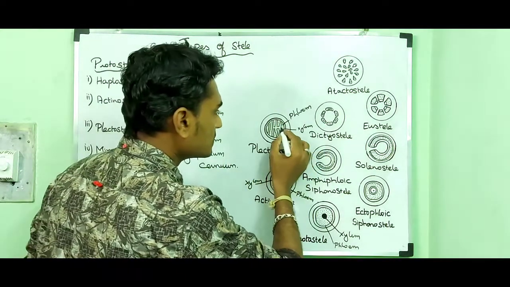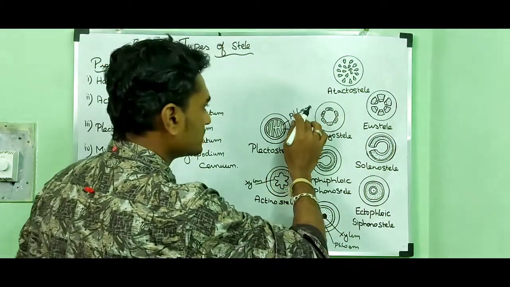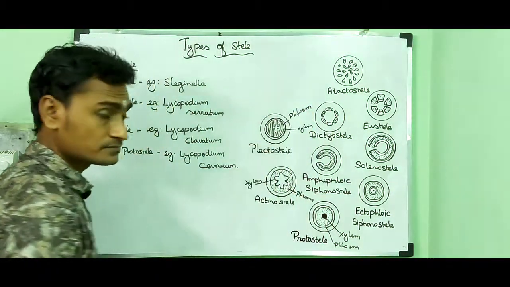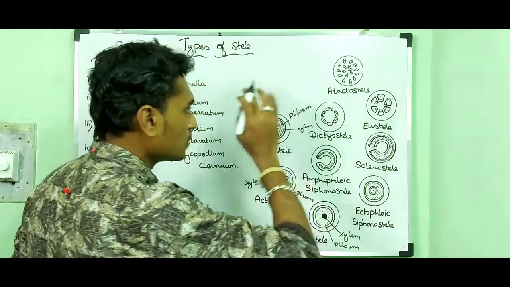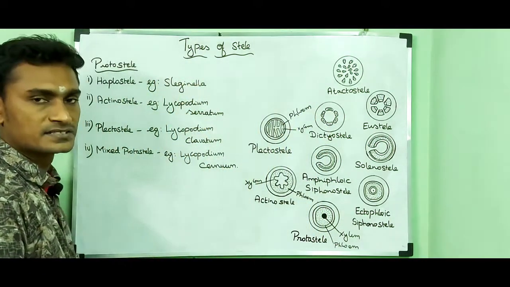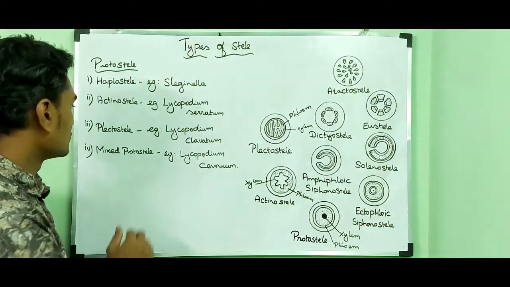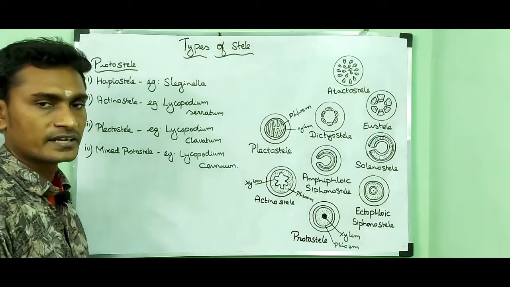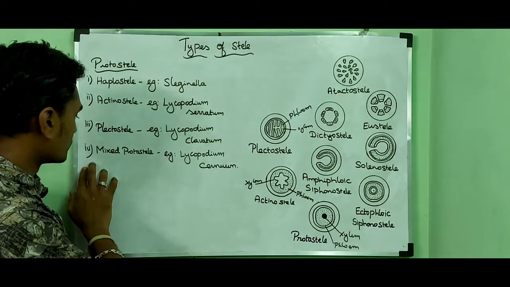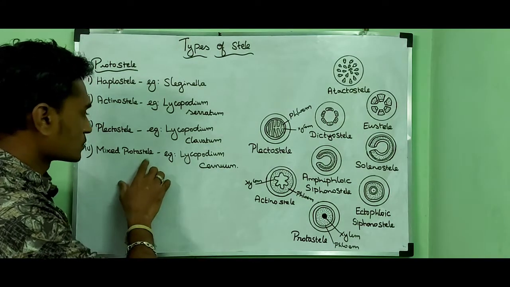So this region is xylem and this region is phloem. That type of steel is called plectosteel. Example, Lycopodium clavatum.